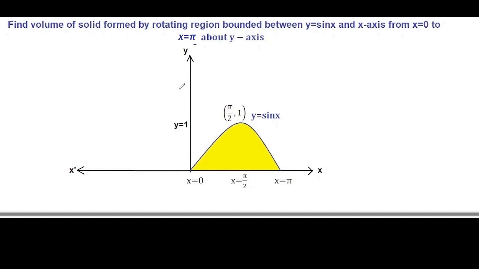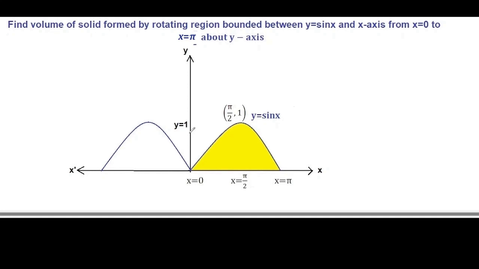To create the solid, we need to draw the image of this curve about the axis of rotation. Here the axis of rotation is the y-axis. So first, the image of the curve y equal to sin x about the y-axis. Now we have to complete the solid of rotation.